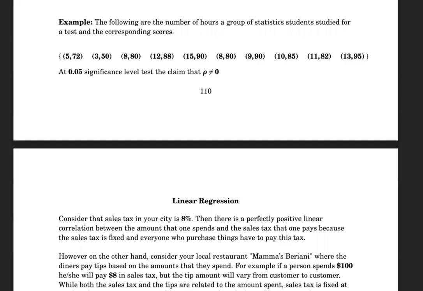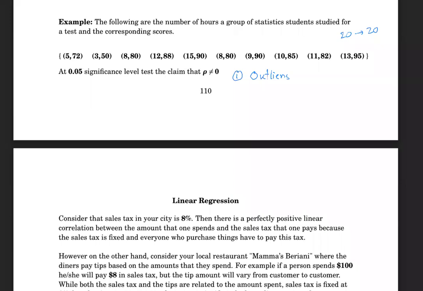So there are 5 steps or so in doing the hypothesis testing here. Step number 1, are there any outliers in this data set? In this context, it could be somebody studied 20 hours and got maybe 20 in the exams, something like that.